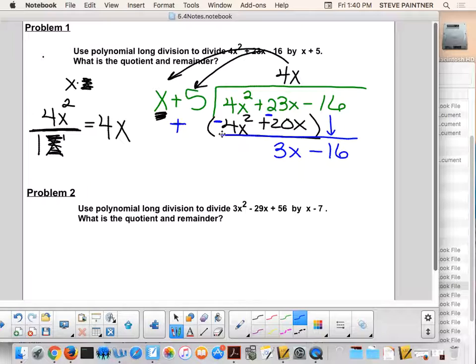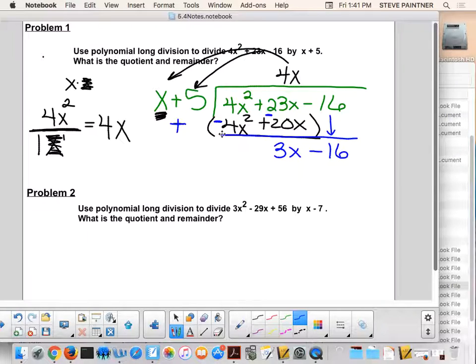Well, this term and this term, no matter what, if you're doing it right, these two terms will do what? Cancel out. They'll always cancel out. Okay? I just don't quite hear it or see it.